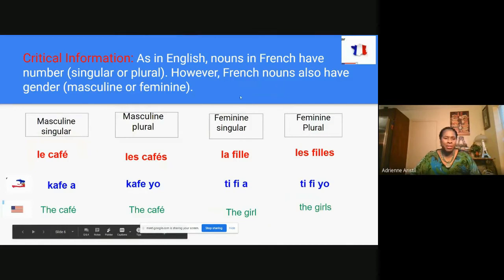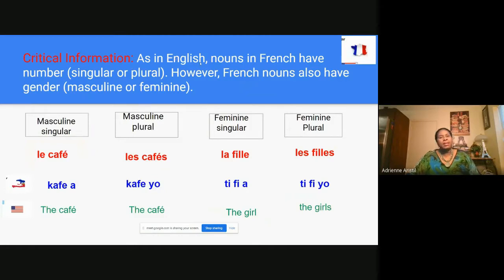Now we are going to begin to talk about nouns. Some critical information about nouns. As in English, nouns in French have number, singular or plural.